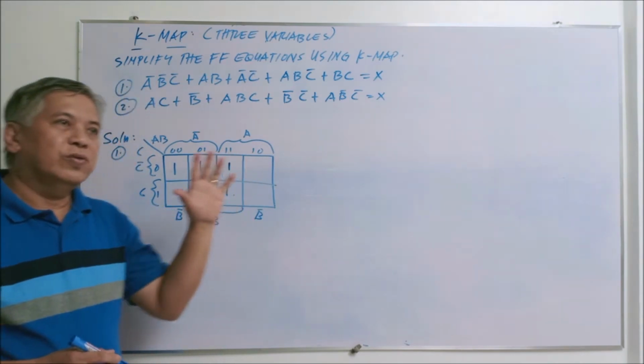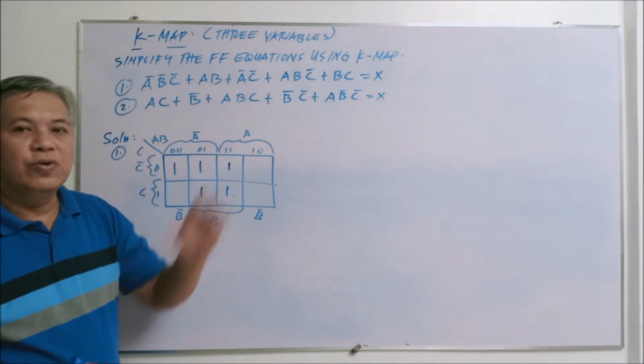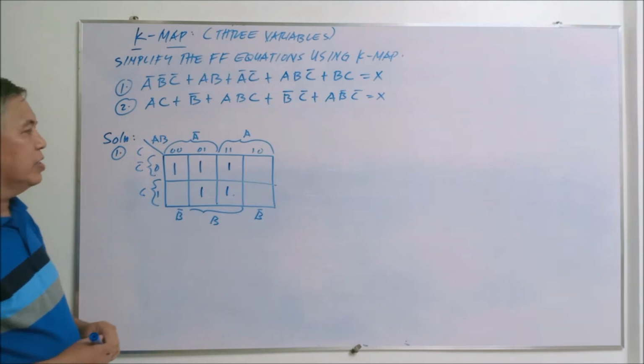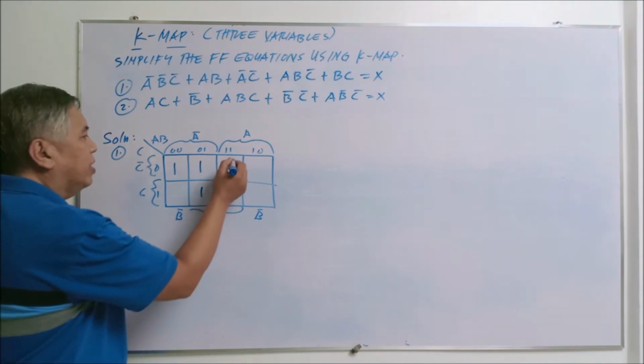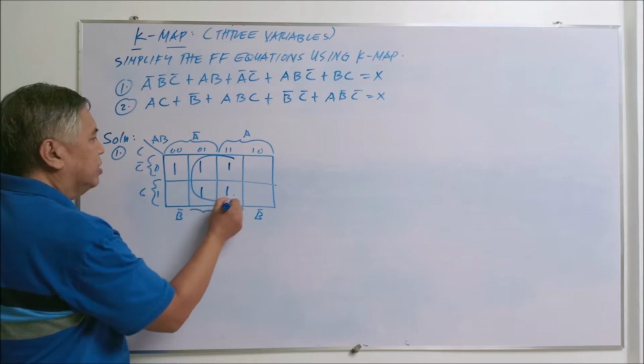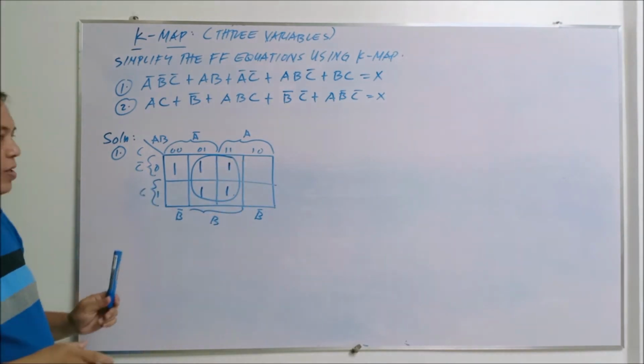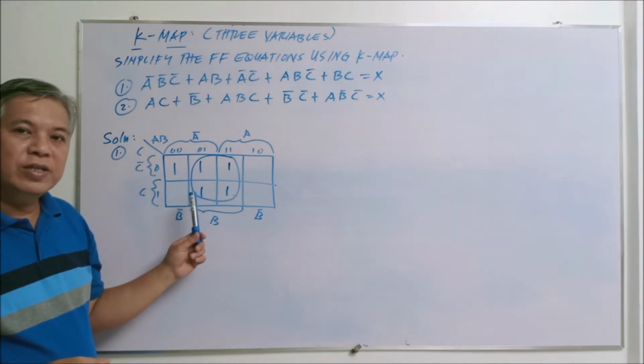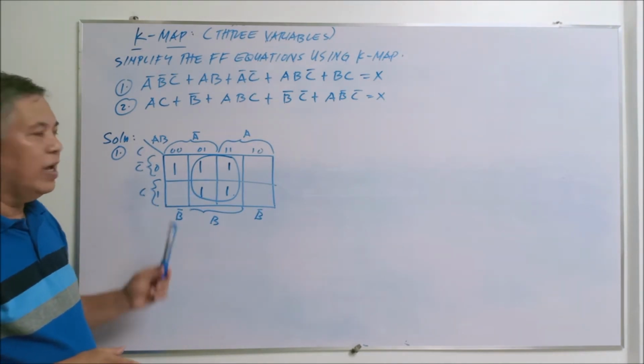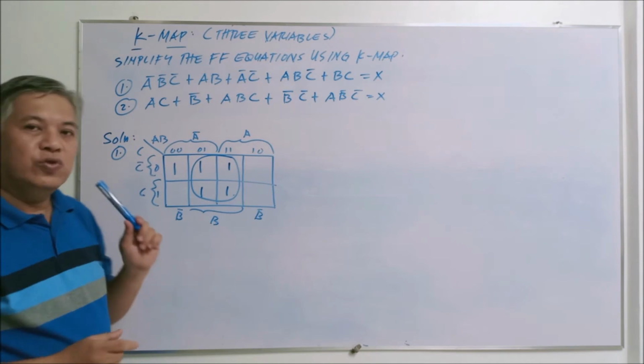Okay? So, if there is no 8 adjacent cells, we go to 4 adjacent cells. So, we have this one here as adjacent. Okay? And then we find another 4. Any other 4 adjacent cells? I think there is none. Then we go to 2.